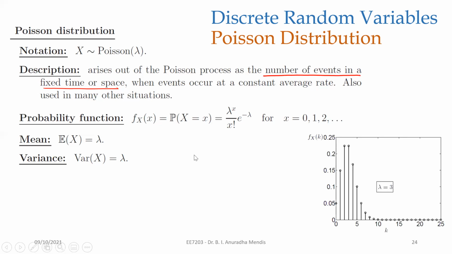So this is a Poisson distribution when lambda equals 3. If you put lambda equal to 3 and use different x values, this k you can consider as x. It has this kind of shape.